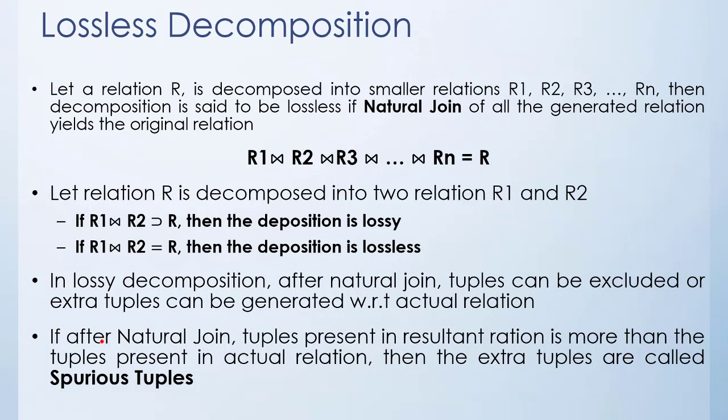In lossy decomposition, after natural join, some tuples can be excluded or extra tuples can be generated with respect to the actual relation. Now, if after natural join, the tuples present in the resultant relation are more than the tuples present in the actual relation, then the extra tuples are called spurious tuples.